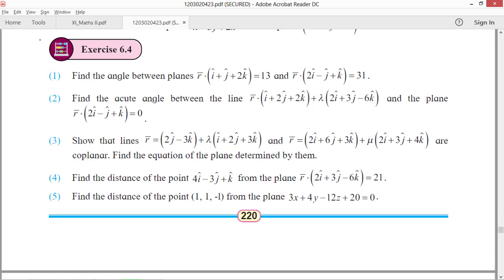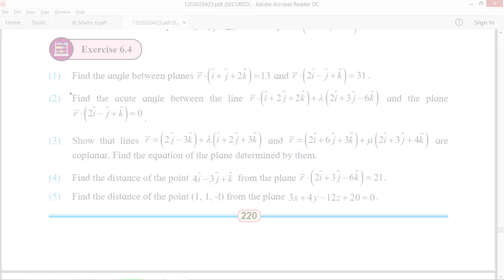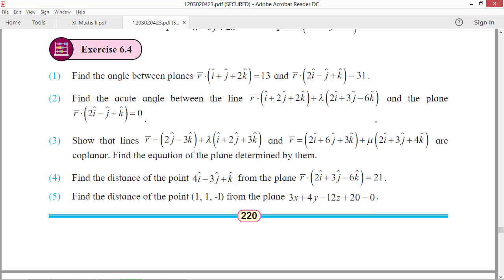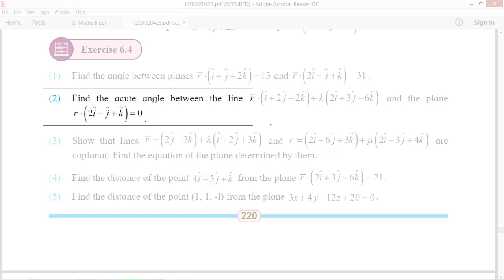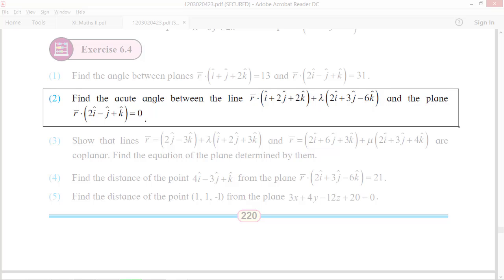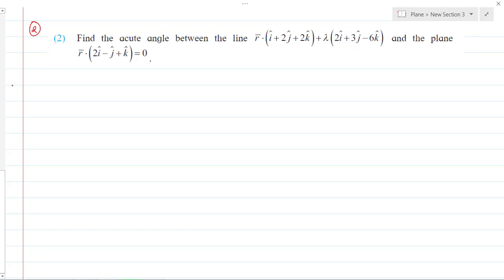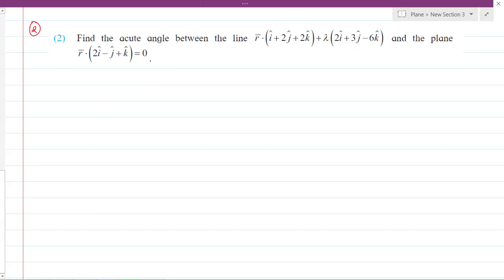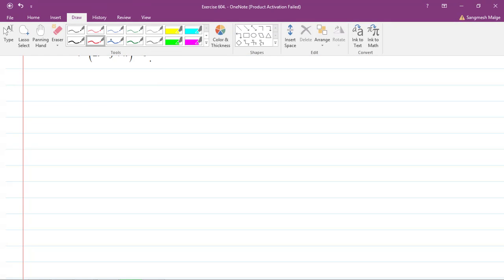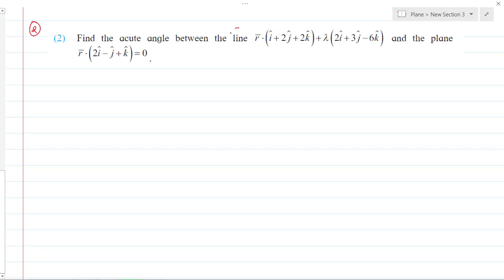Second question: we have to find the acute angle between the given line and plane. It's a very simple question again. We have the line equation first, and the second equation is of the plane.